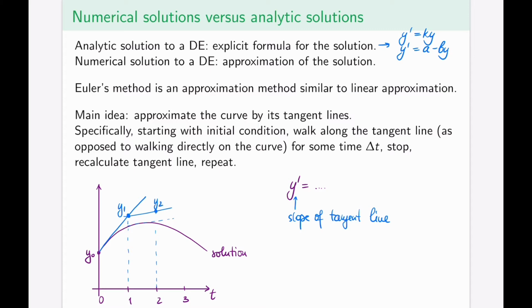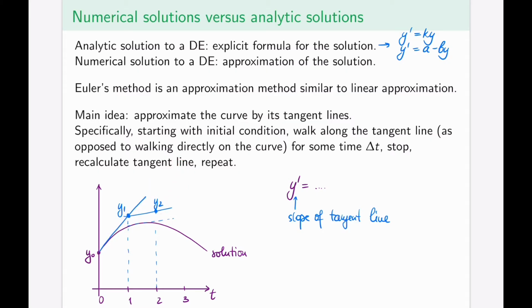Notice that building a new tangent line produces a much better approximation than following the original tangent line. If I followed the original at 2, my approximation would have been here, which is really quite far from the exact solution, and my new approximation of y2 is really much closer to that.